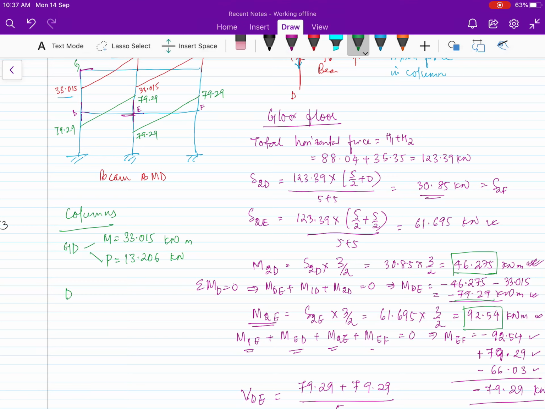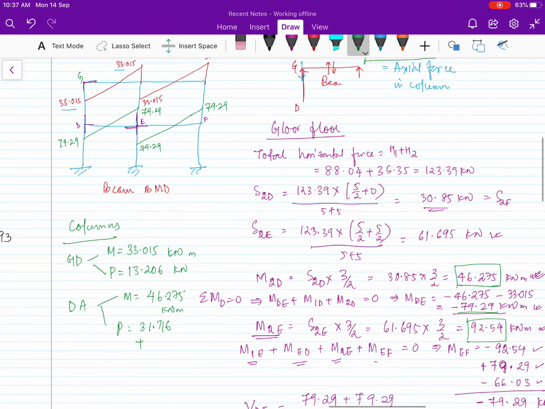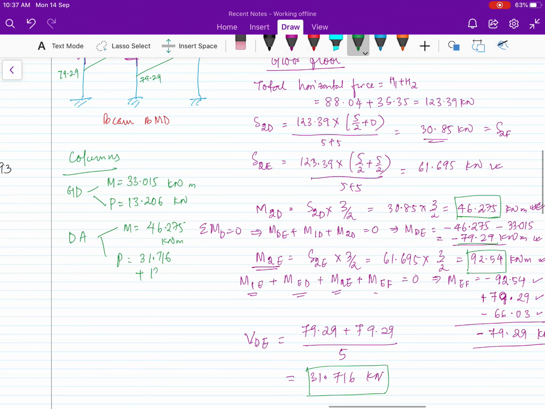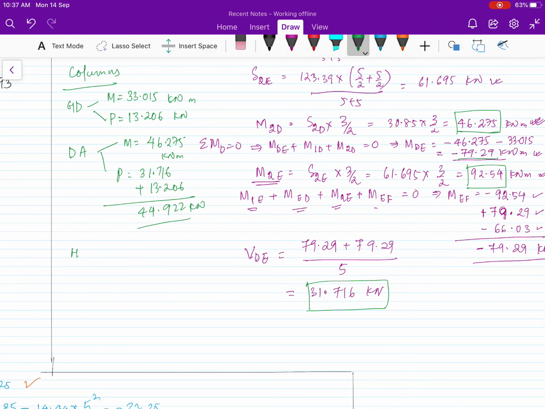Then for the below column DA, we have to design for moment 46.275, and the axial force came 31.716, right. And also we have to add the axial force coming from the above column, because axial force from the above column will also transfer to the below column. So plus 13.206 I will add. So we'll get 44.922 kilonewton.